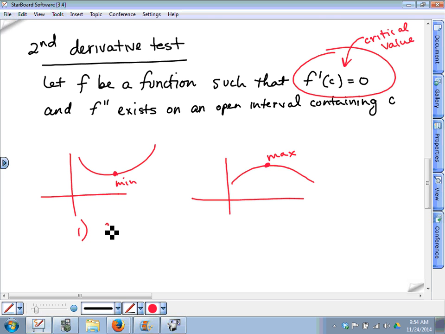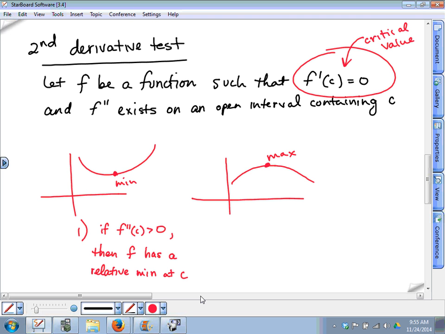First part of it is if f double prime of c is greater than 0, then f has a relative minimum at c.